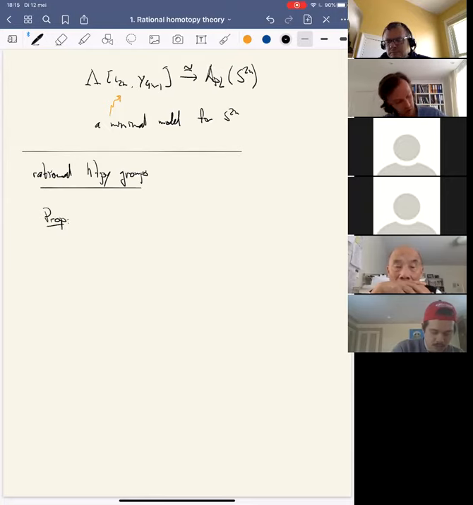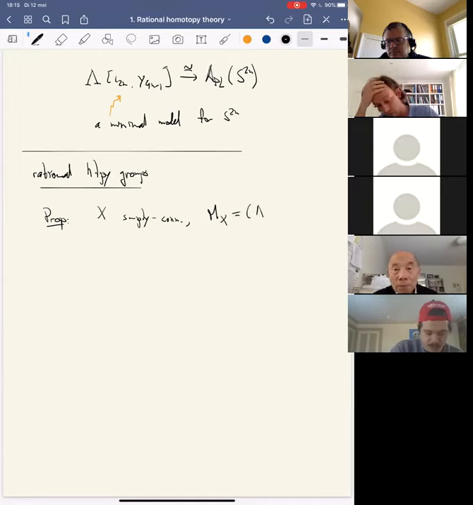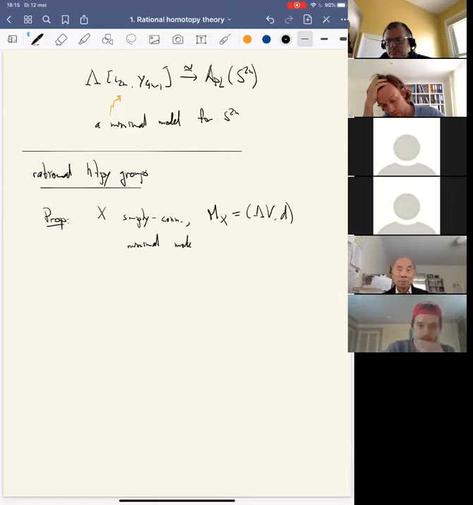So here's the key result. Let's say again that X is simply connected, pointed, etc. And let's say that I fixed a minimal model, some pre-algebra, a minimal model of APL of X, then the claim is as follows.